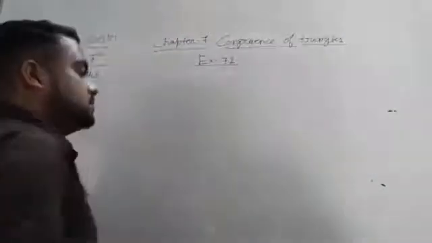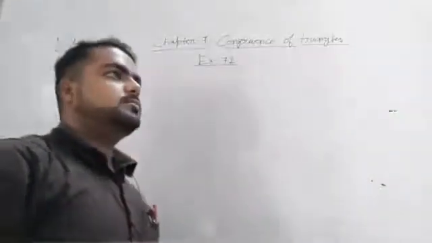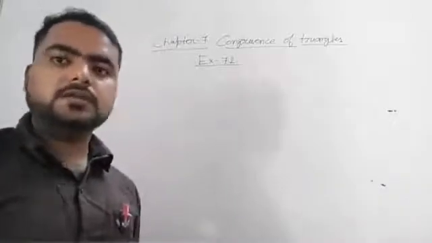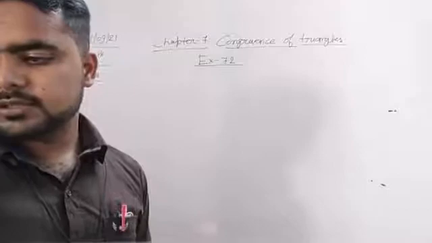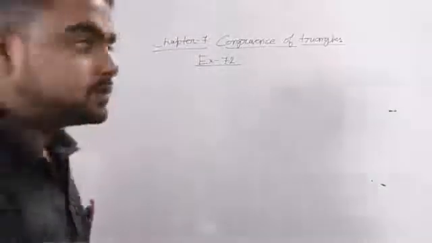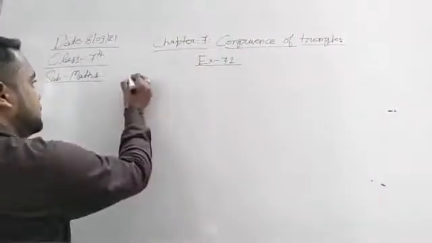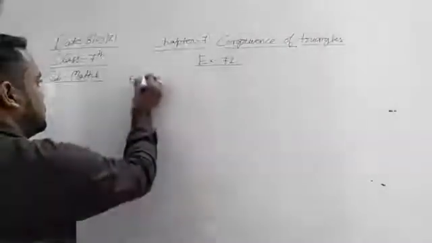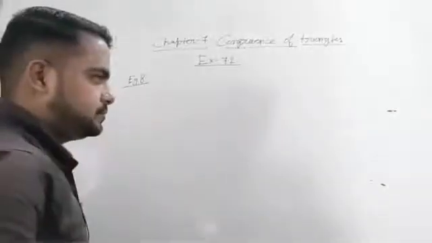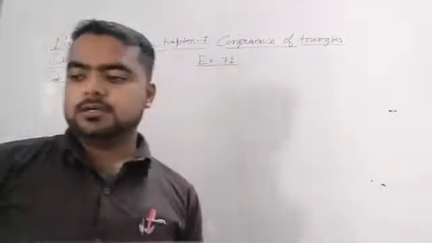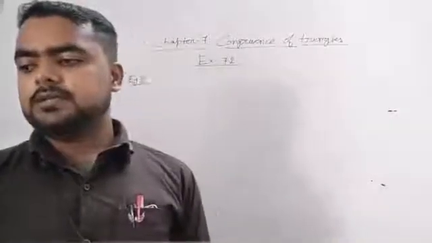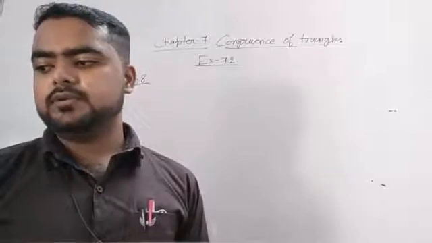Now we will discuss the example based on RHS criteria, which is given in your book. Example number 8. Given below are measurements of some parts of two triangles.